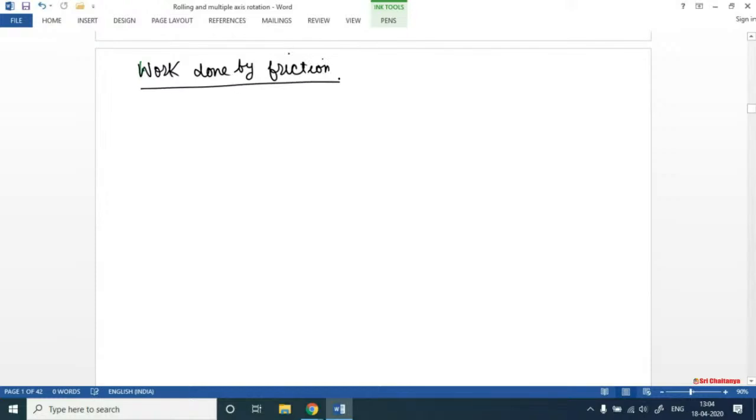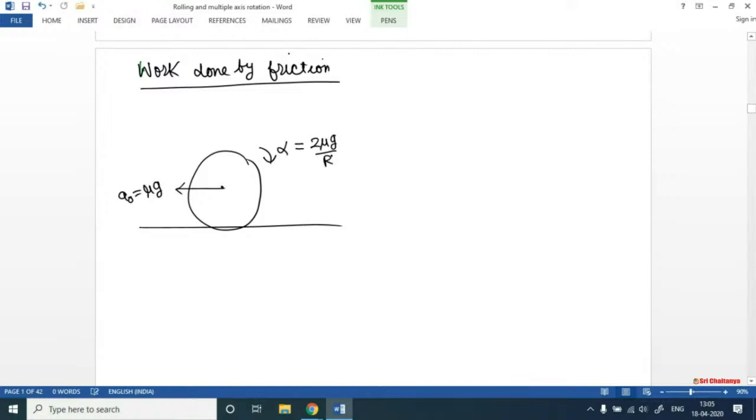Basically we will be looking at two methods in order to find that. Let's again restate this problem. We have already seen that the acceleration of the center of mass before the rolling happens was a naught equal to mu g, and there was angular acceleration alpha in this direction, equal to 2 mu g by r.